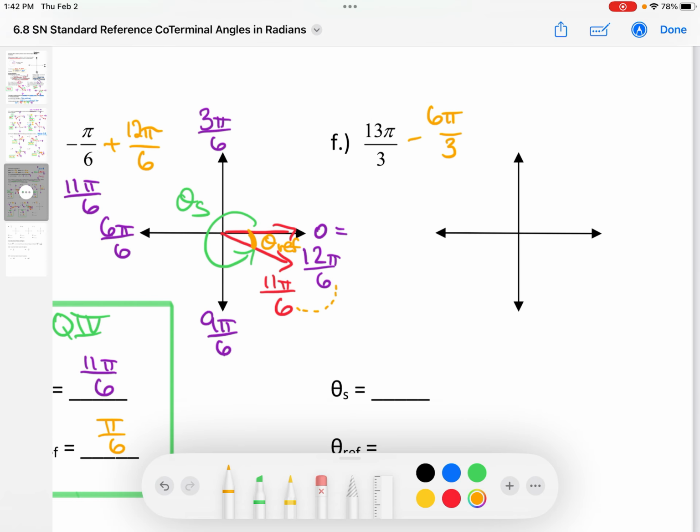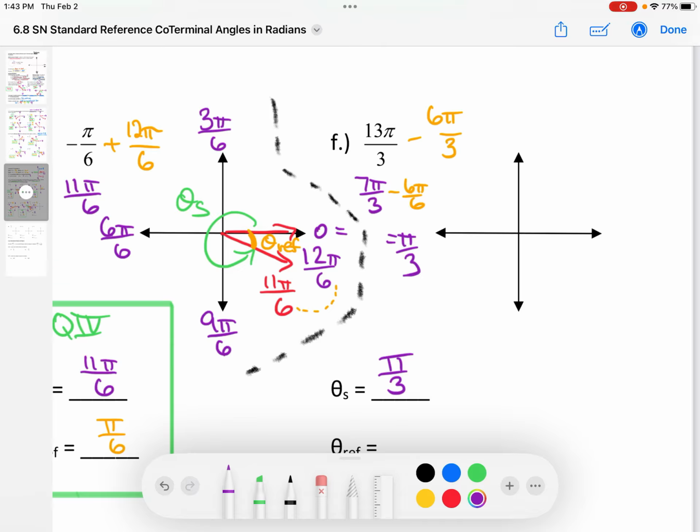That's going to be 6 pi over 3, and that will give us 7 pi over 3. 7 pi over 3 is still too big, still bigger than 2, 7 over 3. So we'll subtract another 6 pi over 3. And we get pi over 3. So our standard angle will be equivalent to pi over 3.